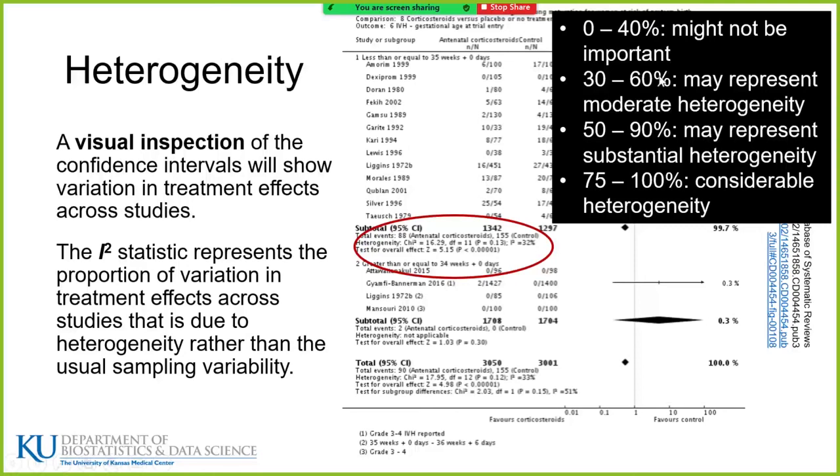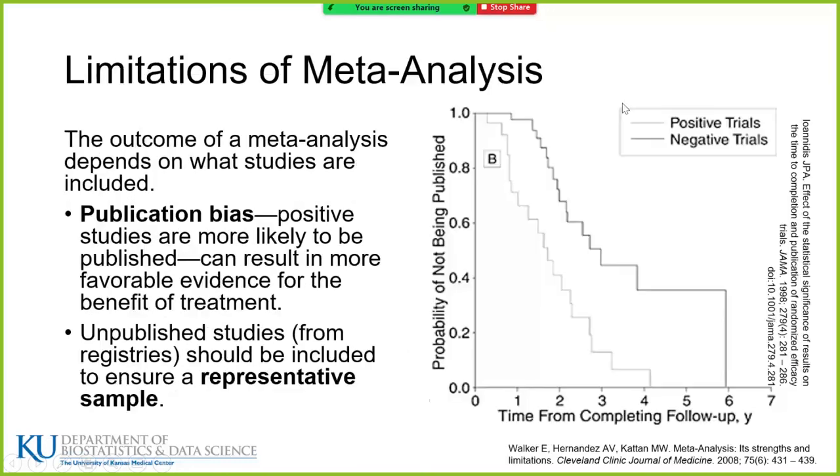Once you get around 60 and above, that may indicate moderate to substantial heterogeneity of effects, heterogeneity attributed to differences in studies, which basically means that the accumulating evidence is just not strong. There's too much heterogeneity in studies that's causing the effect of the treatment to bounce around.